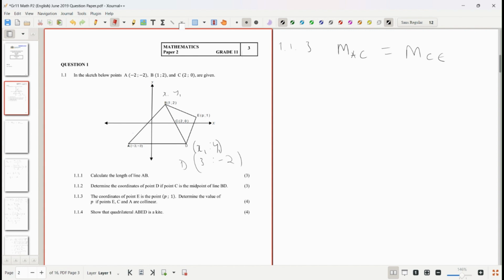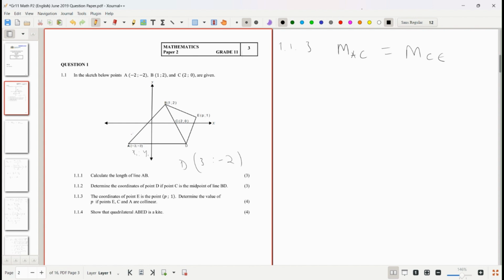So how do we find the gradient of AC? Okay, can remove the points here. So this one we know the formula for gradient. It's very important to name your coordinates. We can name this one x1, and then this one y1.